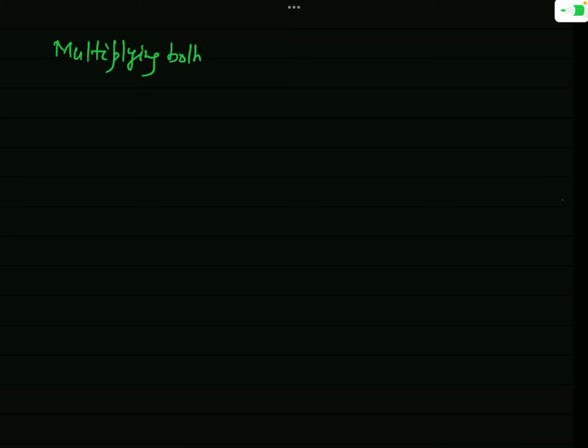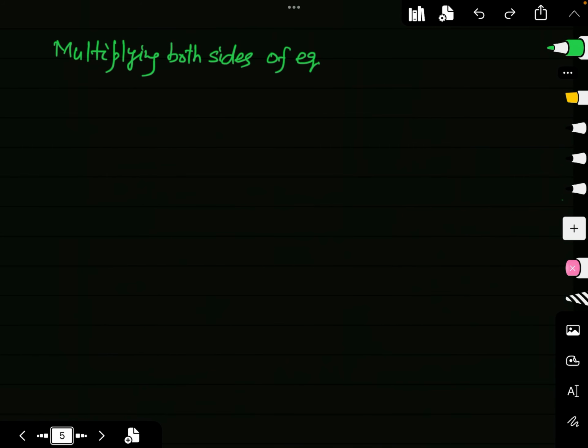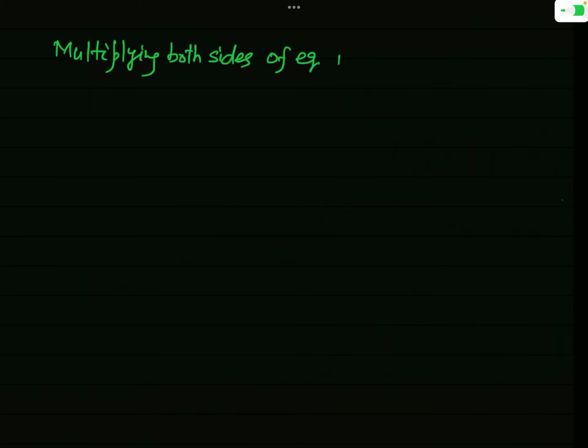It means we take the dot product, or scalar product, of equation 1 by r.